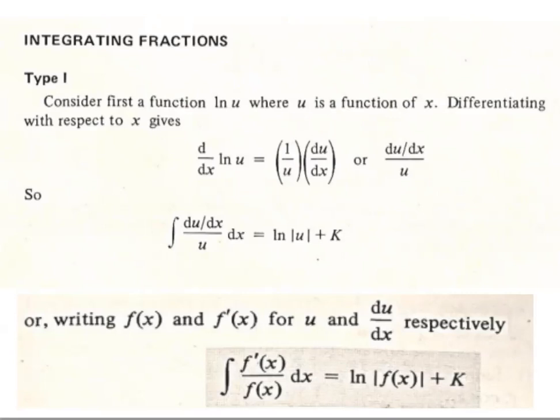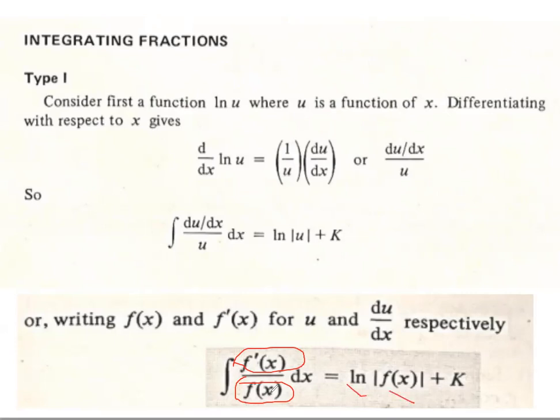So let's talk about this here. Again, the recognition factor comes in here, right? If you see a fraction where the numerator is the derivative of the denominator, right away, you know that that function is ln of the function that was under there, right?